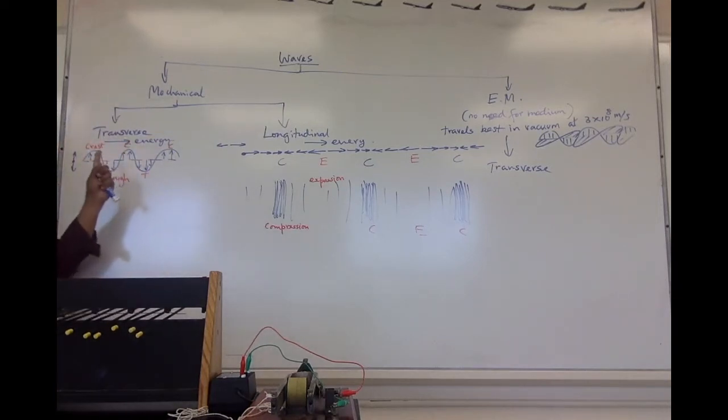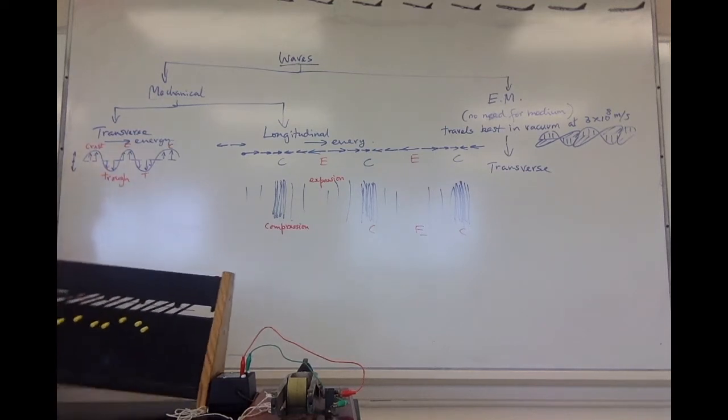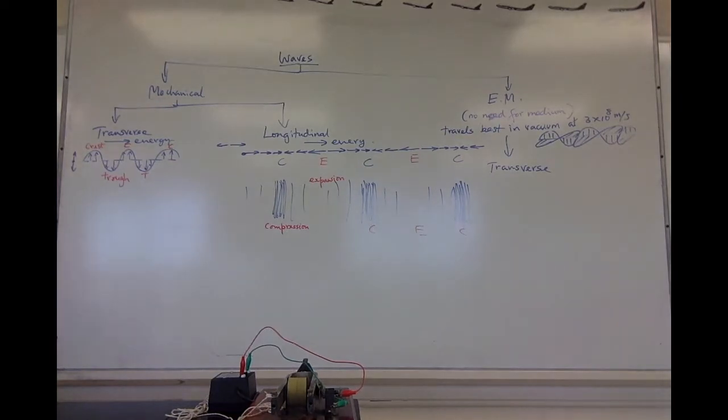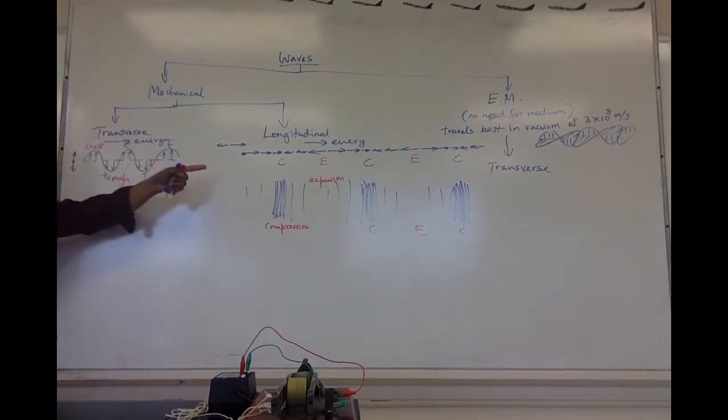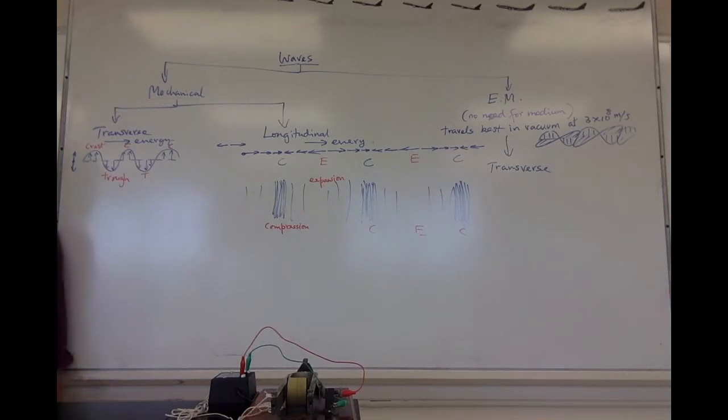So, two types of waves. One is transverse, the other is longitudinal. A transverse wave is when particles move perpendicular to the wave direction.